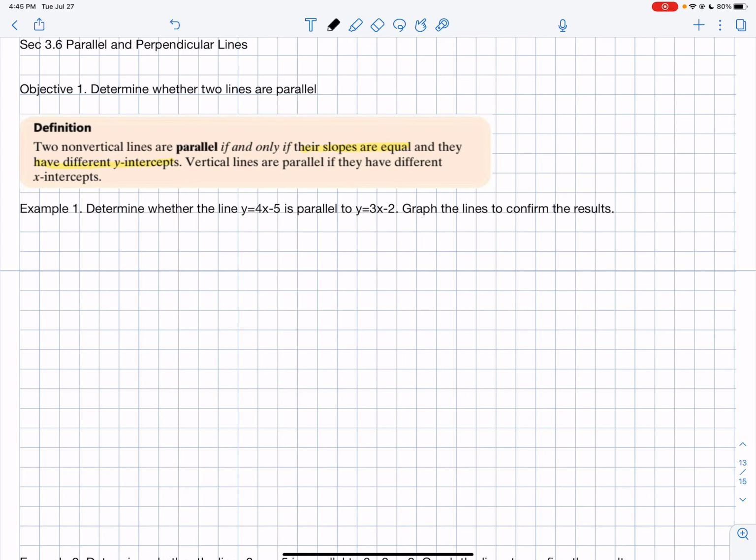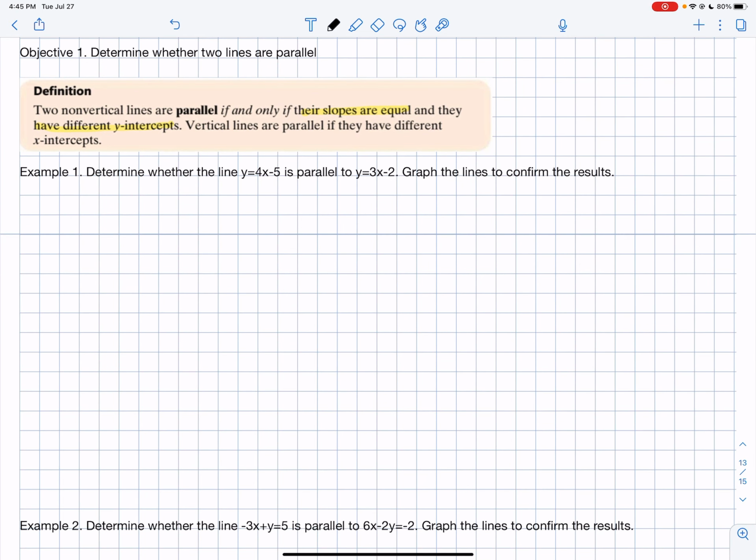Example number 1, we have the two lines y equals 4x minus 5 and y equals 3x minus 2. For the first line, the slope is 4. I'm going to call this m1 because I have another m. For the second line, I call this m2, it is 3. So the number in front of x is the slope.